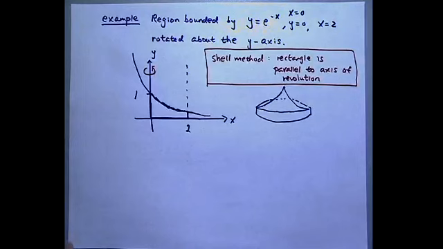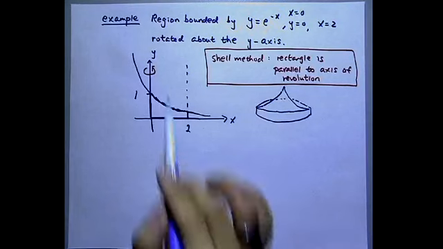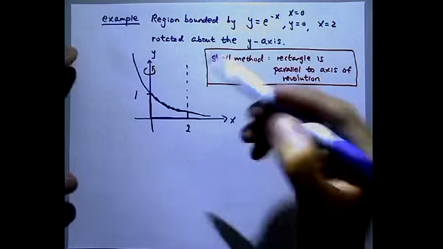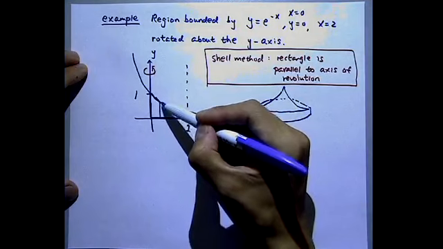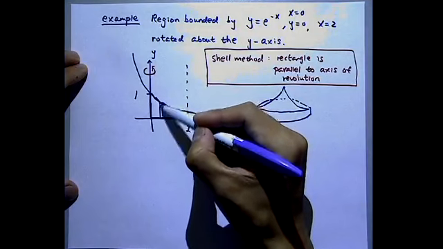In the disk washer method, we will set up a rectangle that's perpendicular to that. That's how we get a disk. Here, you swing this thing around that's perpendicular to it, and we get our shell out of it.